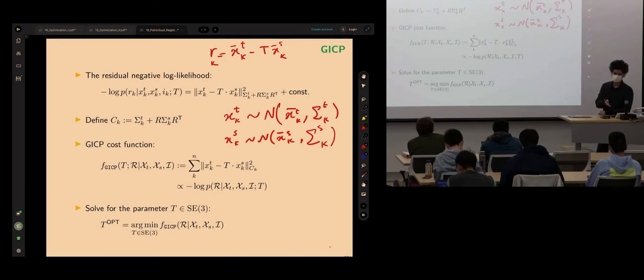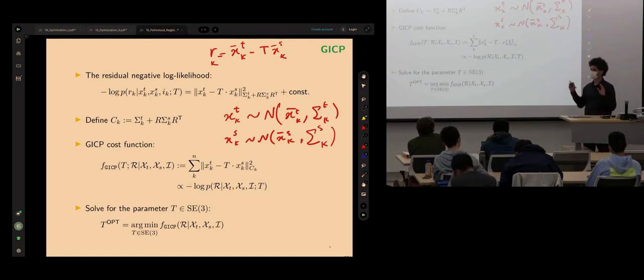So the mean of the residual is the target point minus T times the source point. The covariance of the residual will be the covariance of the target point, because we assume source and target points are independent measurements.